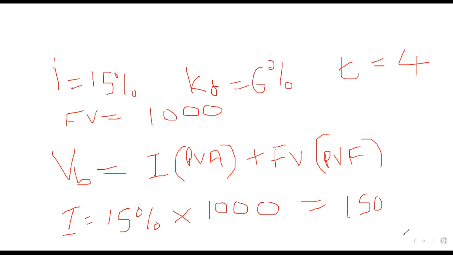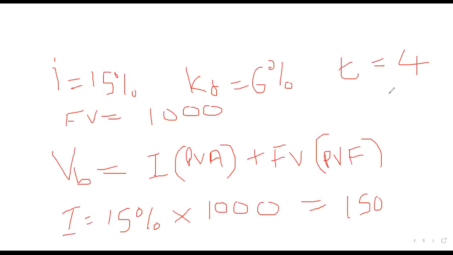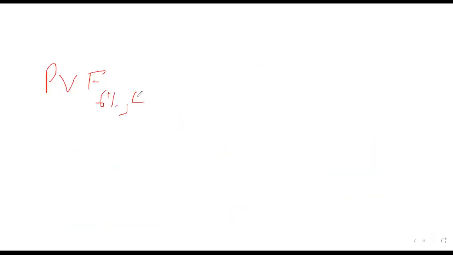Then we go to the present value annuity factor. We start with the interest factor first, at 6% for how many years? 4 years.